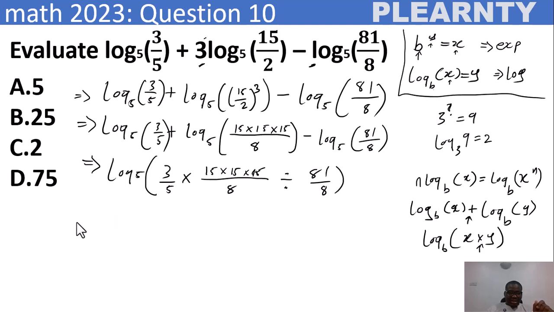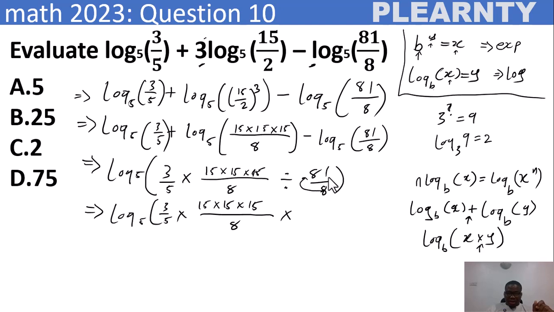So we can rewrite this as log base 5 of 3 over 5 times 15 times 15 times 15 over 8 times, so you put this denominator up and you bring this numerator down, you say 8 over 81. So 8 can cancel out 8. 5 can cancel out this and you have 3.